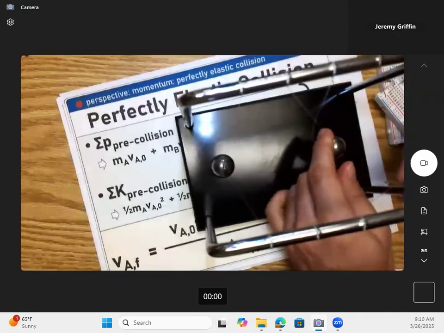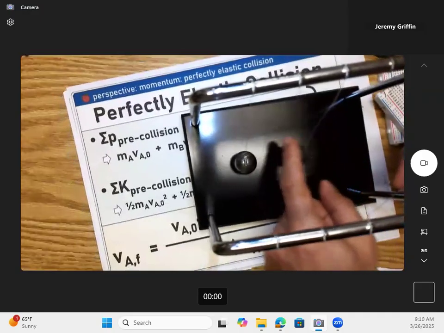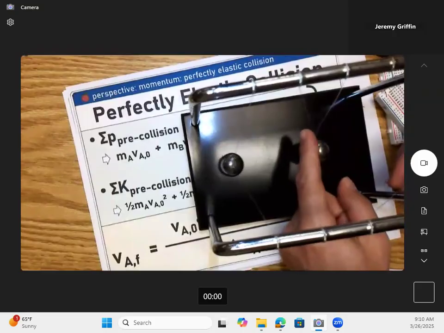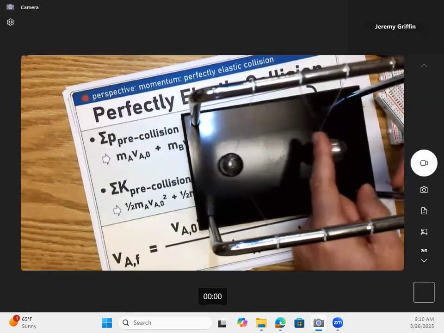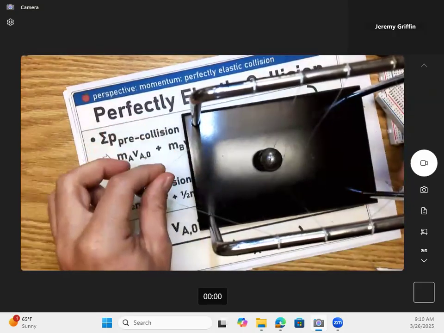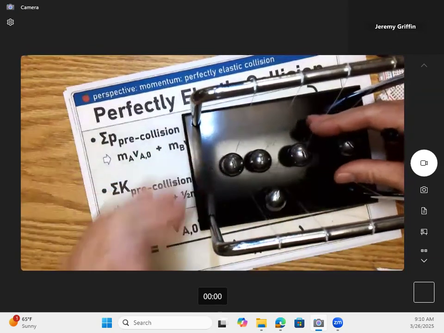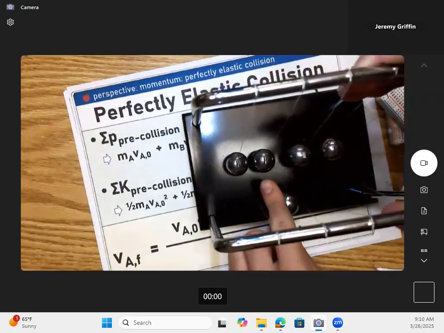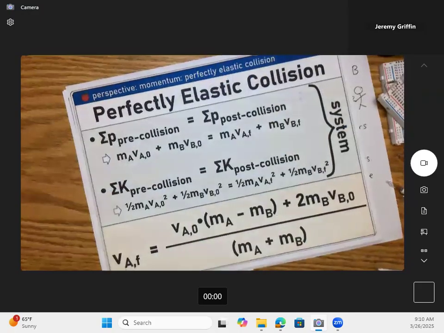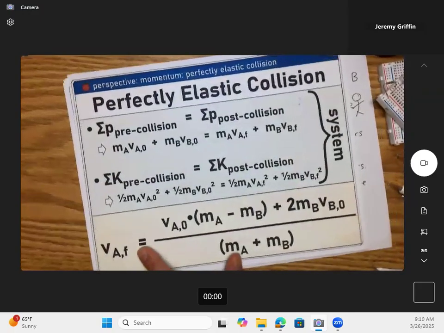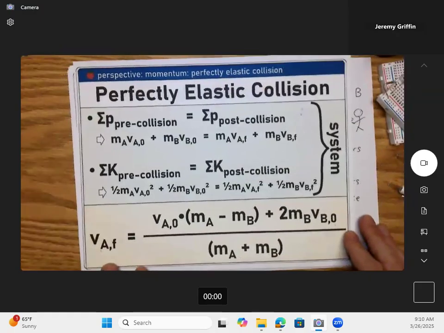It stops. It transfers all its momentum and all its energy into the other one. As long as they're the same mass and it's perfectly elastic, you just saw that right there. So maybe one rolls down an incline, slams into this one, which turns into a projectile and flies off the tabletop. That might be a connecting step.